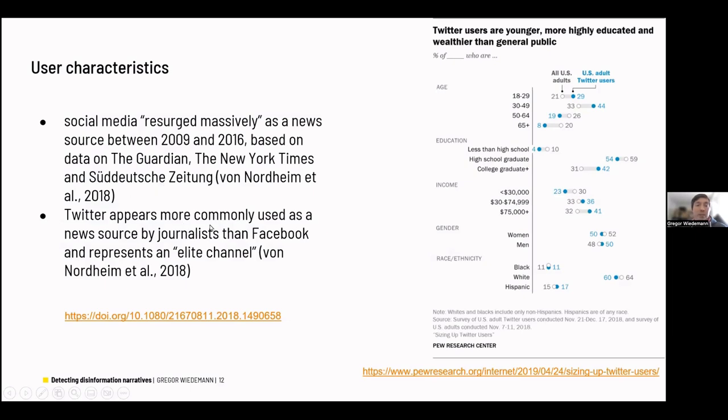But Twitter appears to be more commonly used as a news source, for instance, by journalists, compared to Facebook, and is also usually seen as a kind of elite channel. And we can also see this in the user structure. Twitter users are in general younger, more highly educated, and wealthier than the general public.